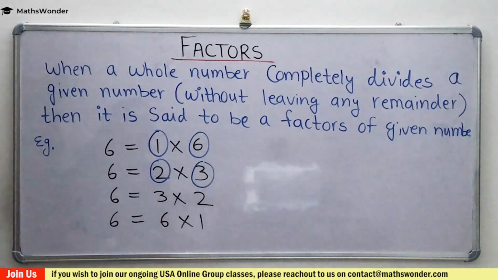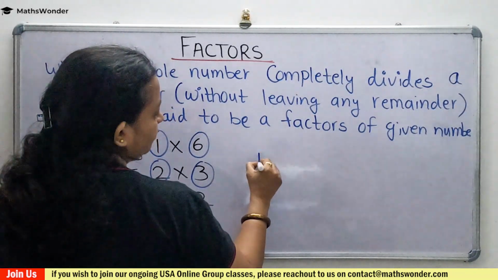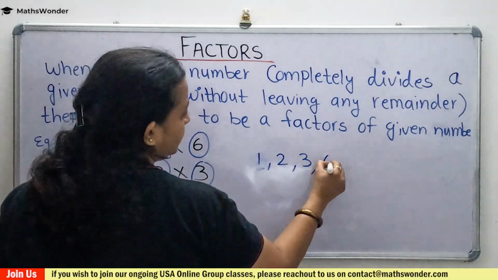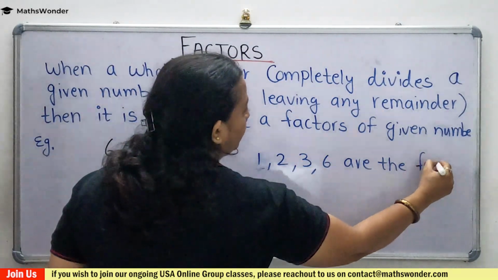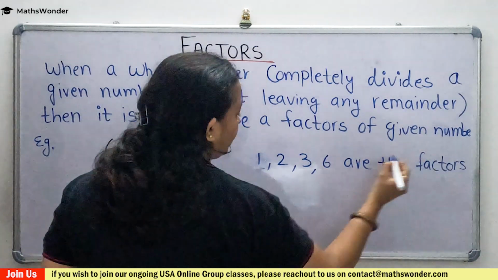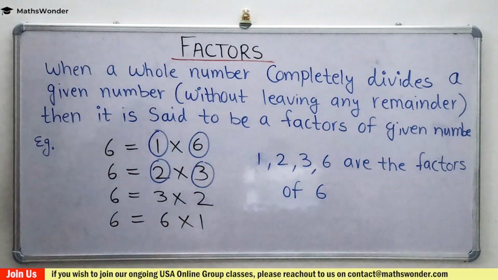So 1, 2, 3, 6 are the factors of 6, right? Factors of 6. An exact divisor of a number is a factor of that number.